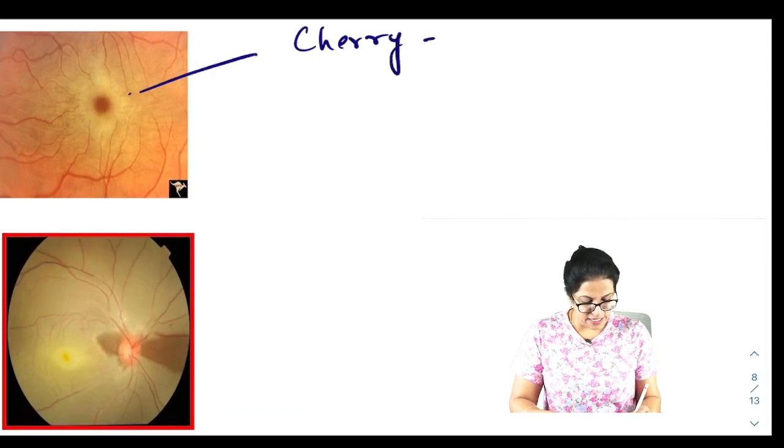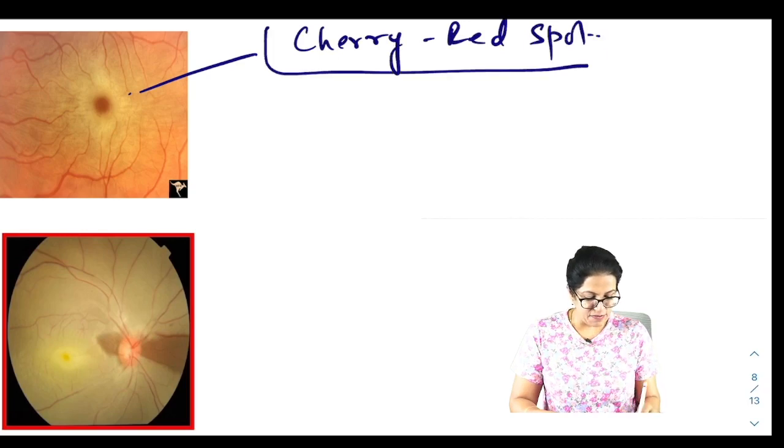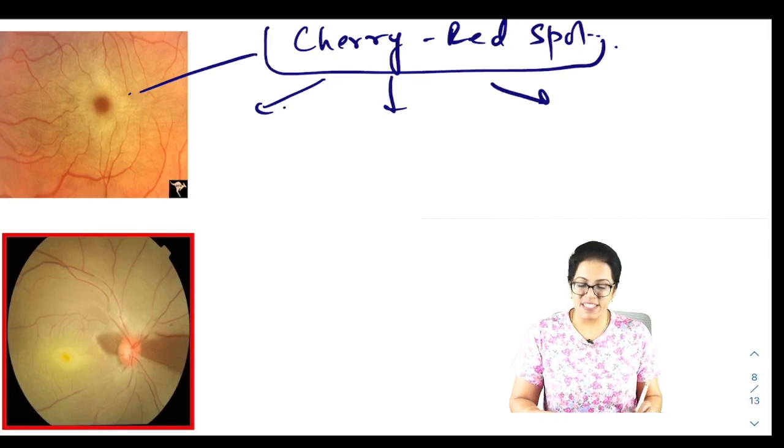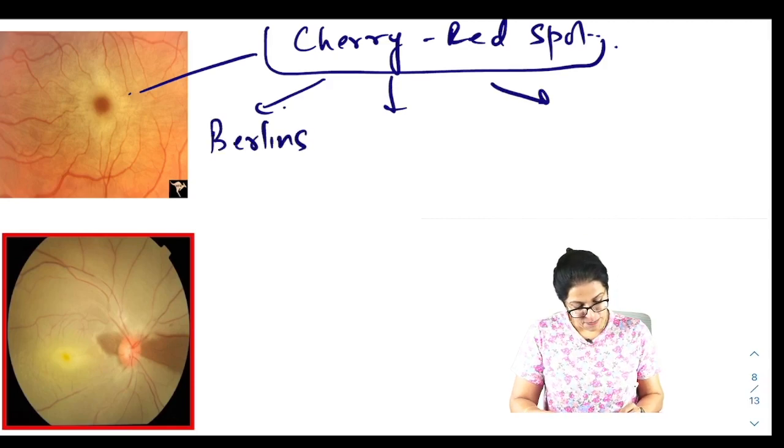So for cherry red spot, what they have asked you about is the causes. And we all know, I have taught you, you can learn them under three broad headings. One is, of course, Berlin's edema, that is commotio retinae. Second can be central retinal artery occlusion.